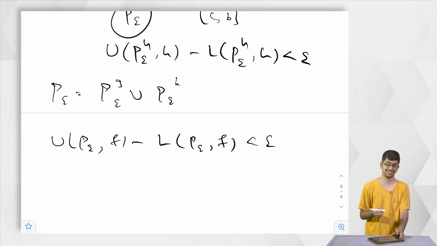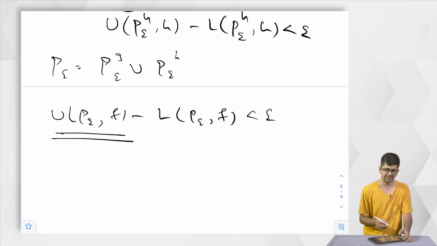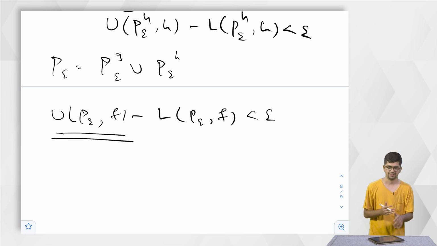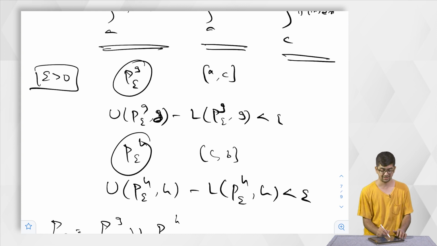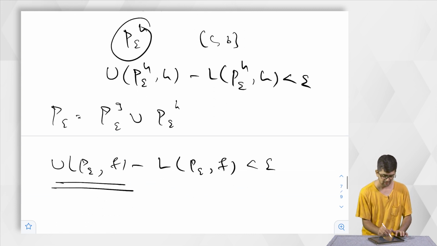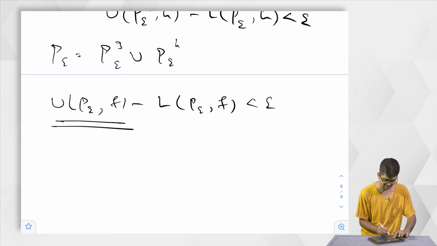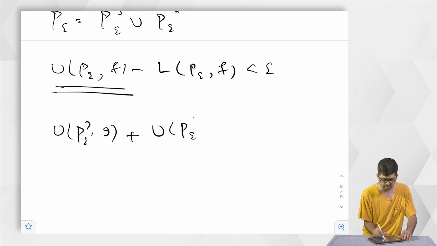Whether it is useful or not, that is secondary. Well, let us just check. What is this? This is again the supremum of f restricted to the first interval of this, times the length of the interval, and we will repeat again and again. Similarly, see, P epsilon is the union of P epsilon g and P epsilon h. So this thing is just U(P epsilon g) plus U(P epsilon h).